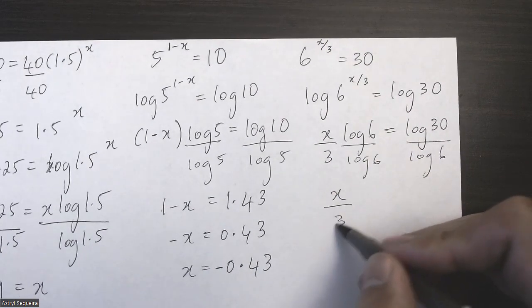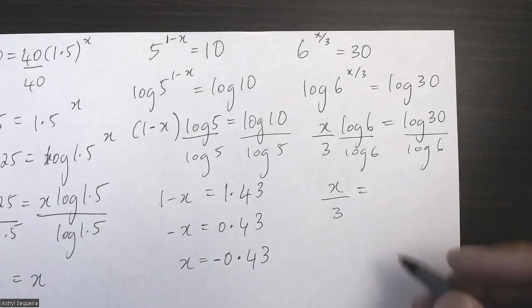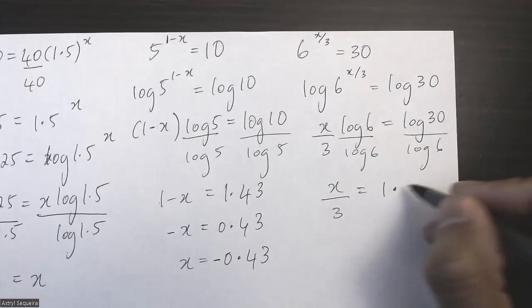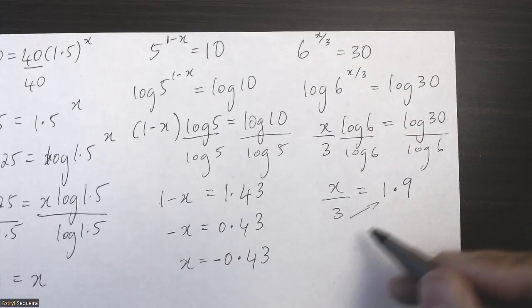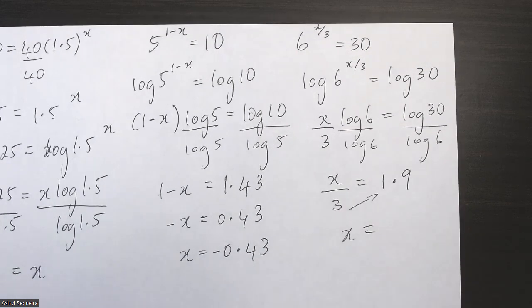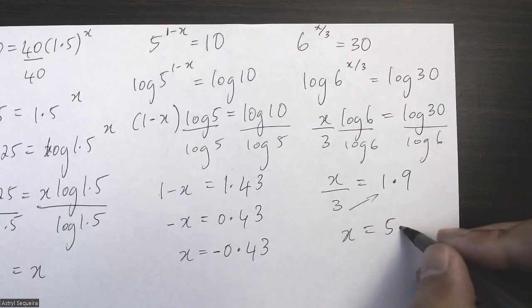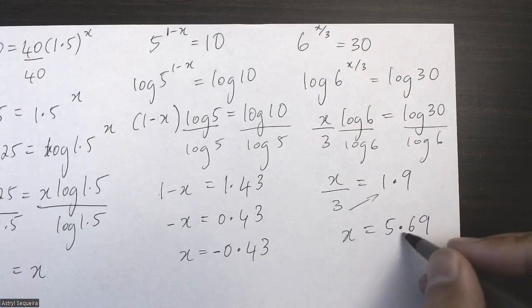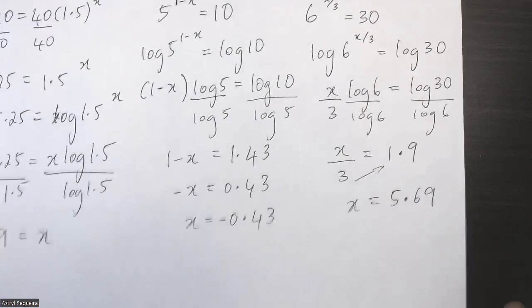So x over 3 on this side, and if I put this in my calculator, log 30 over log 6, I get 1.9 if I round to 2 decimal places, and then you just have to cross multiply the 3 over. So if I do that, I will get 5.7, or basically 5.69 if you use the exact value in the calculator without rounding in this step.